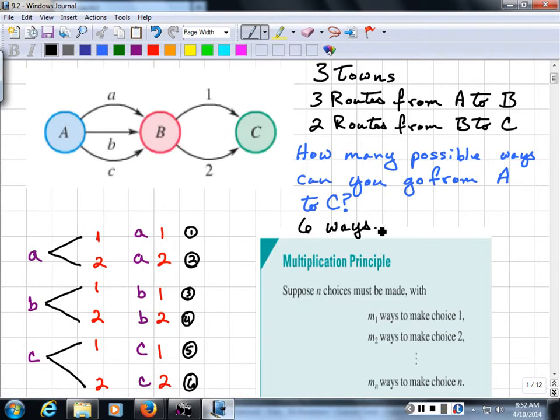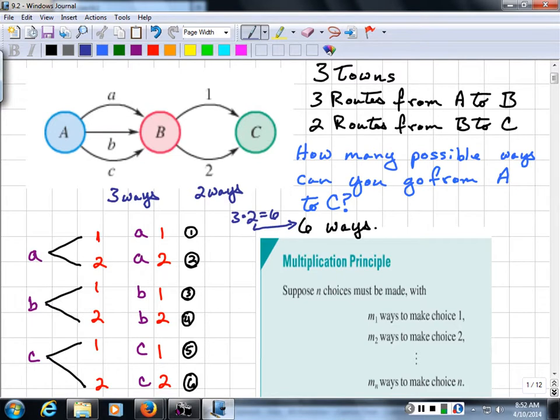Well, there's an easier way than just listing all of them. For example, since there are 3 ways to go from town A to town B, and there are 2 ways to go from town B to town C, if I simply take 3 times 2 and get 6, that gives me the number of ways that I can go.